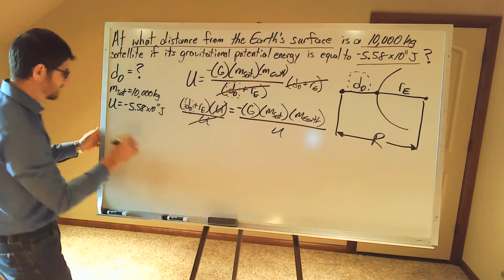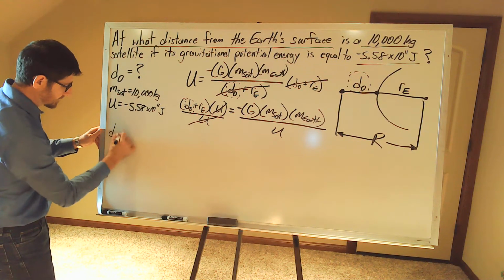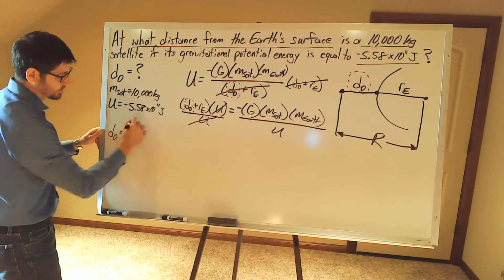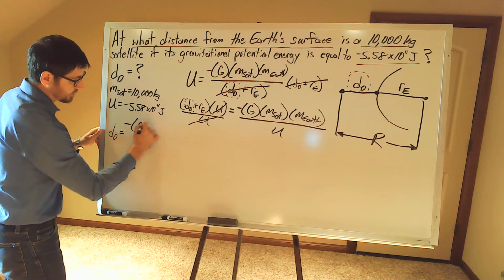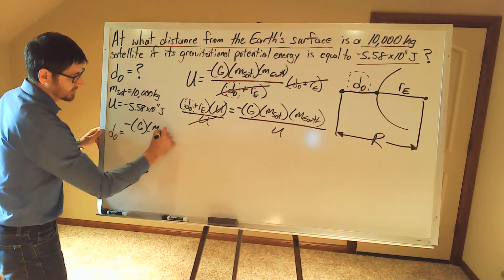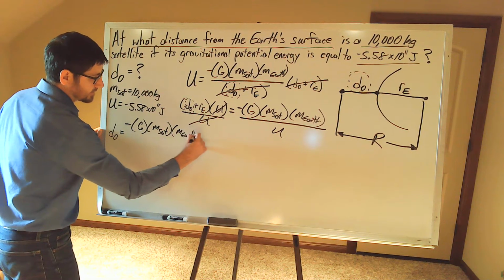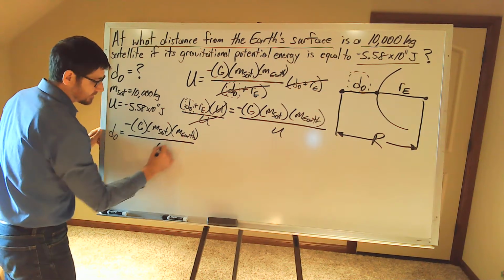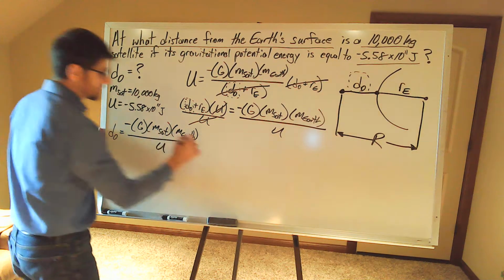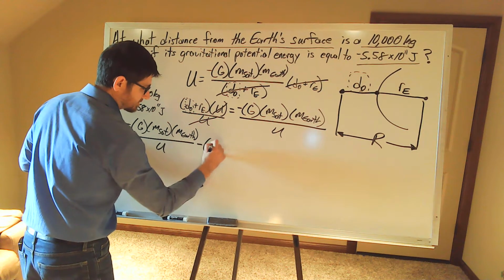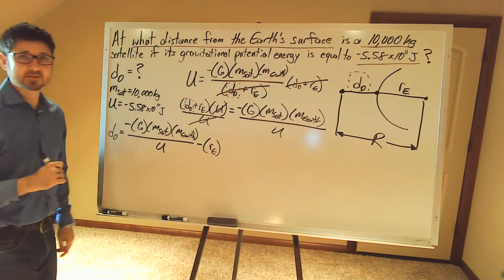And this is going to give me altitude is equal to negative universal gravitational constant times m sat times m Earth divided by gravitational potential energy minus the radius of the Earth.